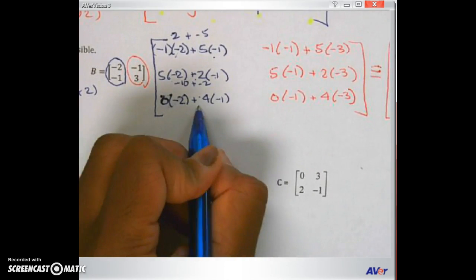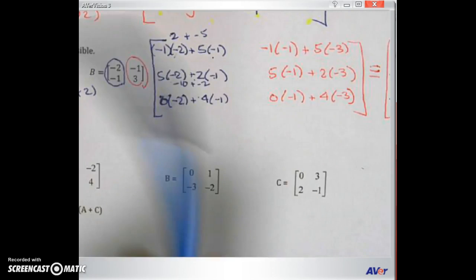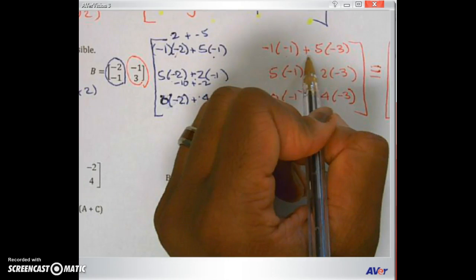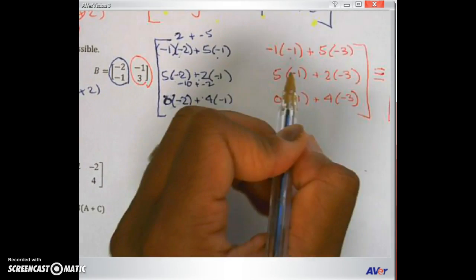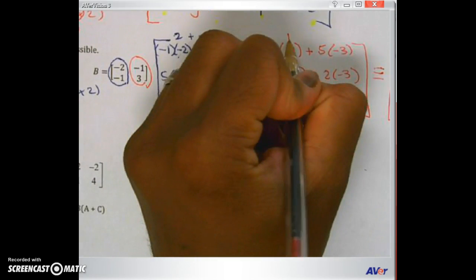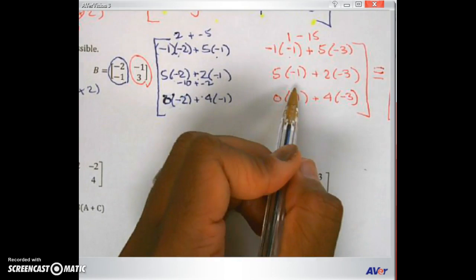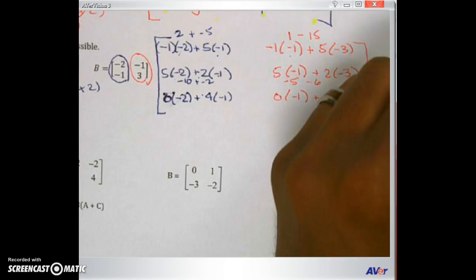This is 0 plus -4, is -4. And then you simplify your other column as well. You don't have to use 2 different colors, but I think it's helpful sometimes visually. And I get 1 minus 15, so I get -14. You can check my math and make sure. -5 minus 6, I get -11.